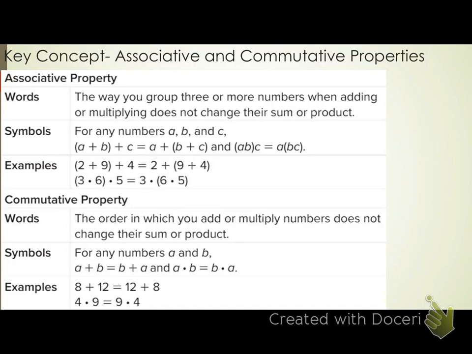It does not matter which numbers I associate together first. Same thing with multiplication. I can do A times B first, and then I'll multiply by C. Or I can multiply B and C together first, and then multiply A to it. Okay? And here's some examples with actual numbers, if you guys like to look at it that way. Questions on the associative property?